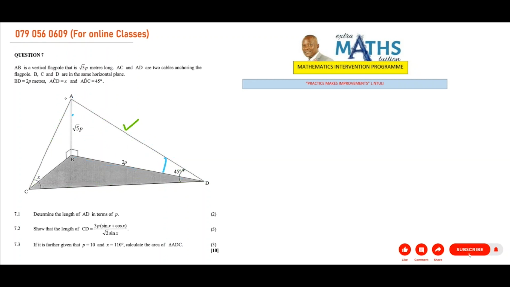On my right angle triangle, what I'm noticing is that I have the value of 2p, and I also have the value of root 5p. Guys, theorem of Pythagoras, because this is a right angle triangle. It means r squared equals x squared plus y squared, and my side opposite 90 degrees is your r, your hypotenuse. I'm happy that my AD is my hypotenuse.